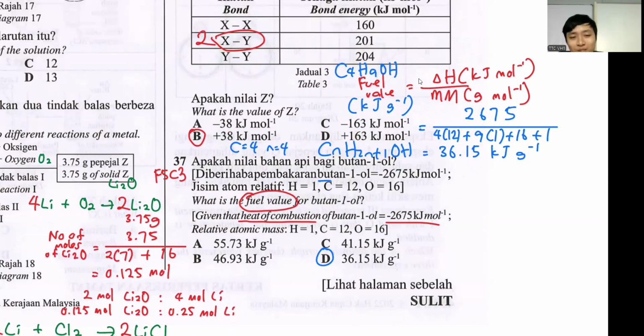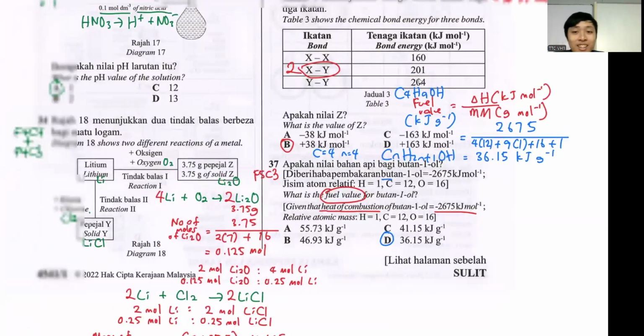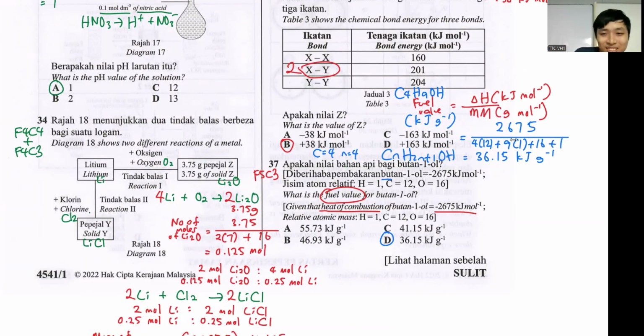Oh, this part cannot, GG. Fuel value. Okay. You see, it can be trouble if it's no chapter 2. This chapter is white. Okay.